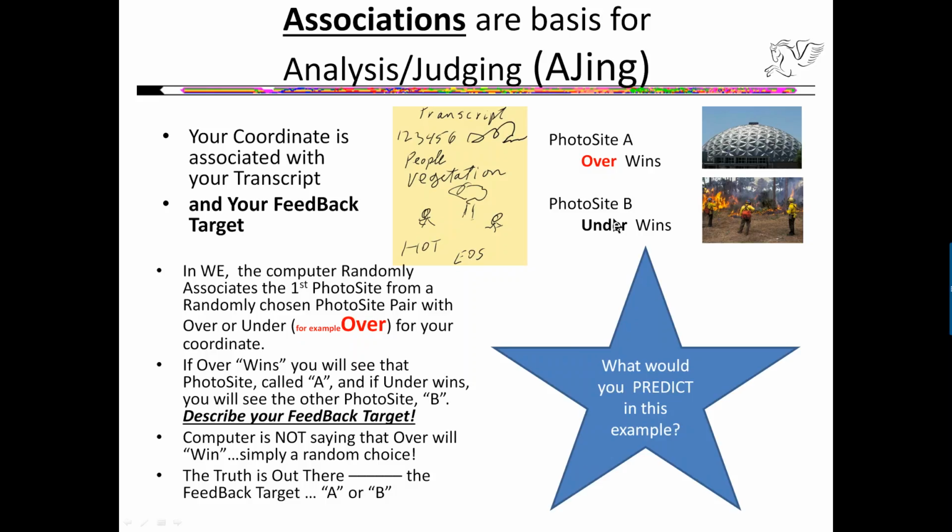The judge is, in fact, playing the role of group manager now. For a group, the judge does this seeing all the photo pairs and transcripts, and you would predict under. So you can see why you need 2 now, and I hope that's clear.